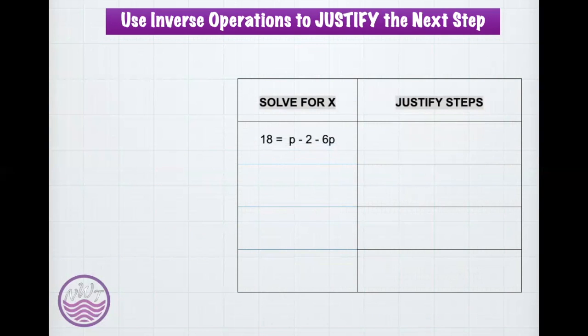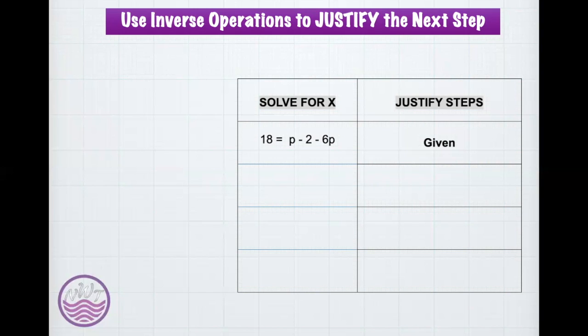Okay, so our next question is going to look a little bit different. We have 18 equals p minus 2 minus 6p. In this situation, I don't see any parentheses like the last two questions for distributive property, but I do see like terms. And remember from the toolbox on our first slide, like terms have the same variable and the same power.